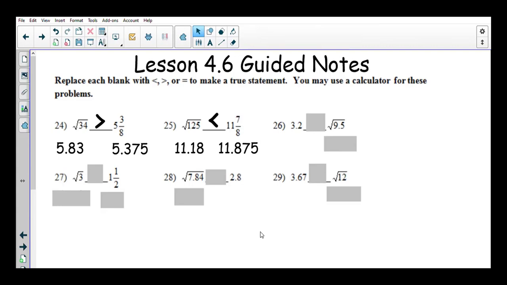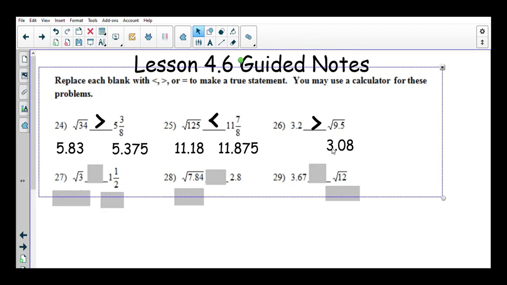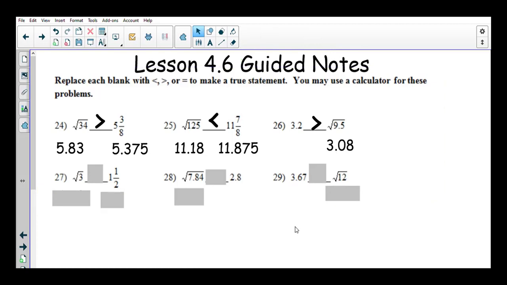Number 26, 3.2 is already a decimal, so I did the square root of 9.5 in my calculator to get about 3.08. 3.2 is greater than 3.08. Once you change them both to decimals, it's pretty easy to compare them.